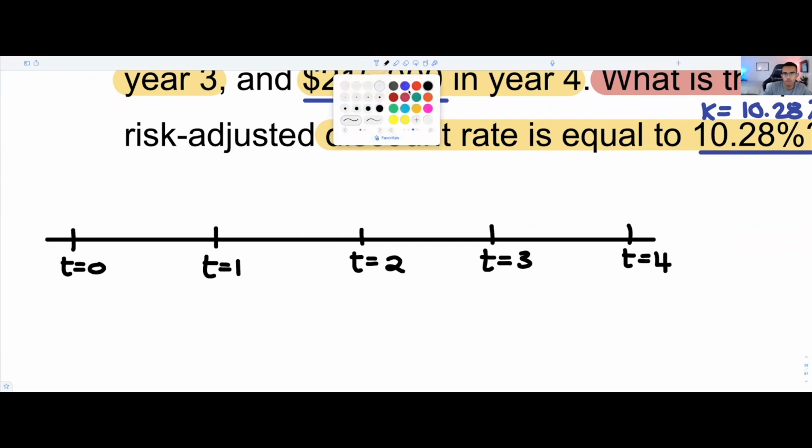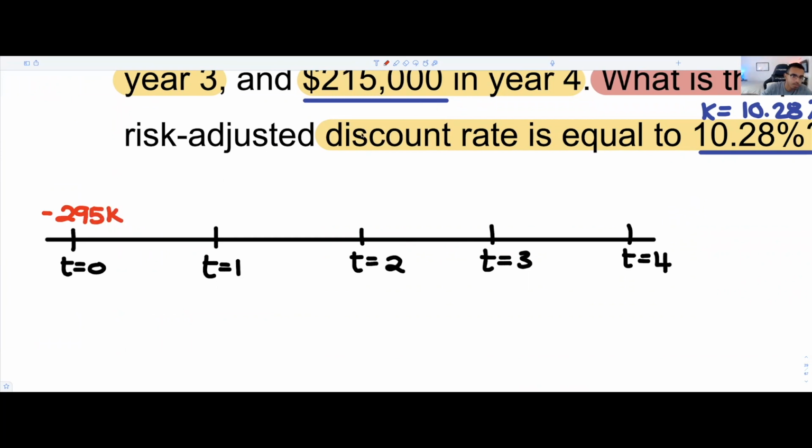The reason why this is relevant is because we're going to put our initial investment as minus 295K. And we're going to put all of our cash inflows, see what I did there, onto our timeline as well. So we have 75K for payment 1. We're going to have payment 2, which in this case was 112.5K.